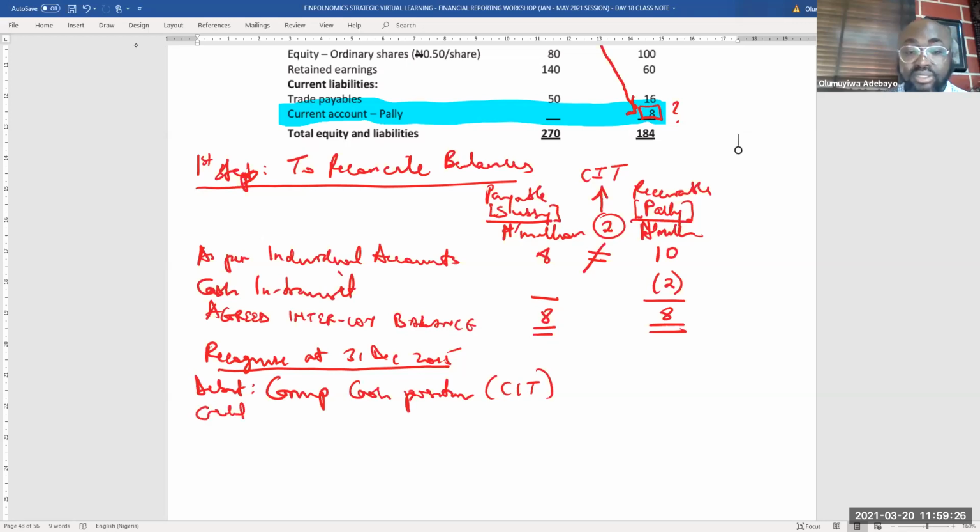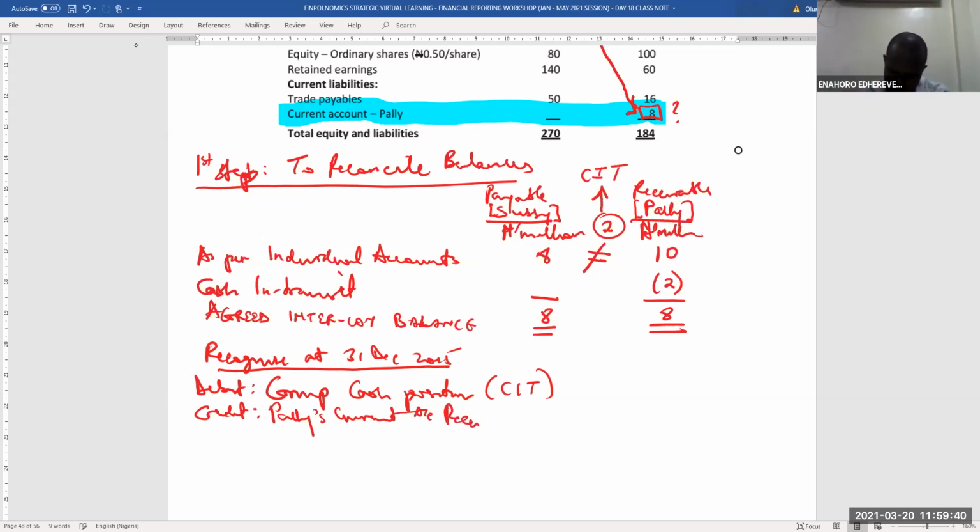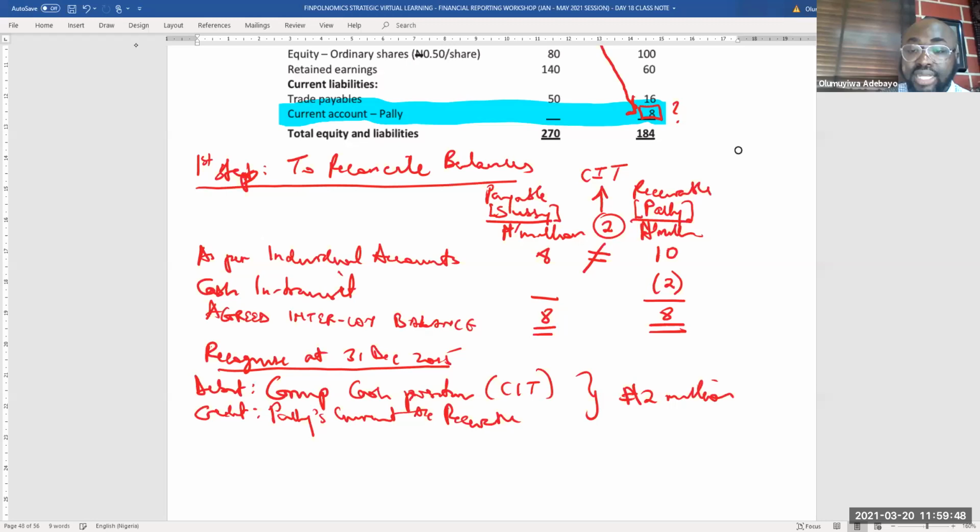And we recognize that the parent has received this amount of cash, with how much? With 2 million naira. The entry that affects receivable is what makes this reduce, because a credit to receivable is a reduction.